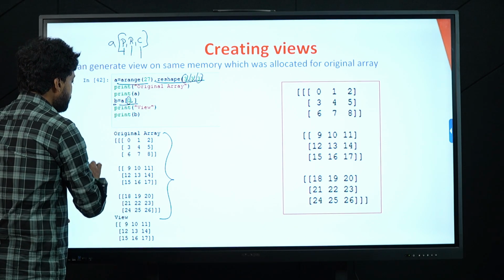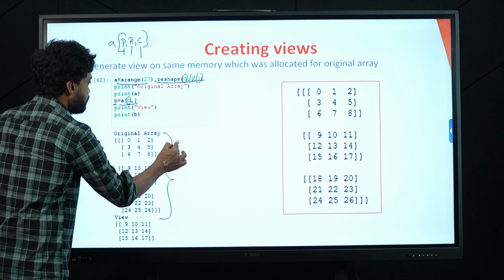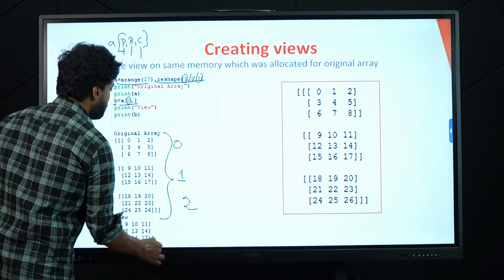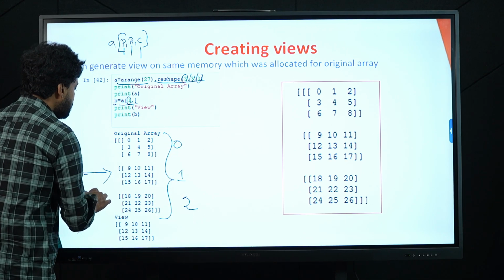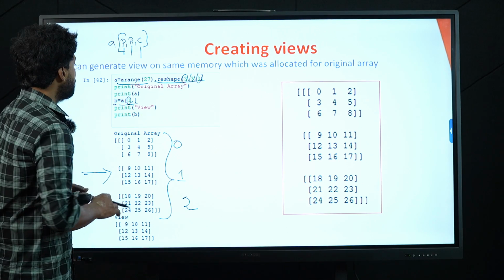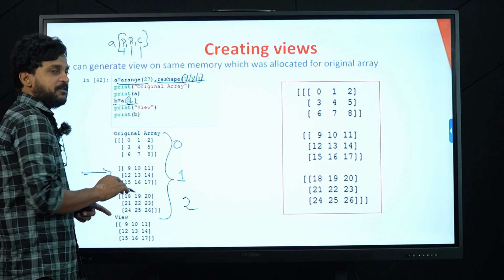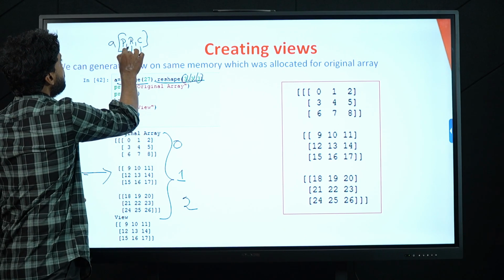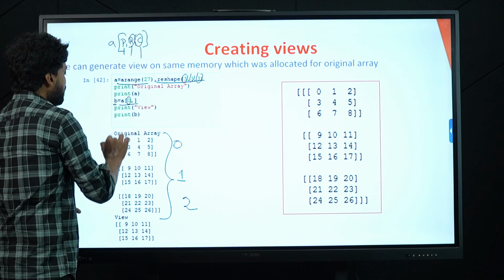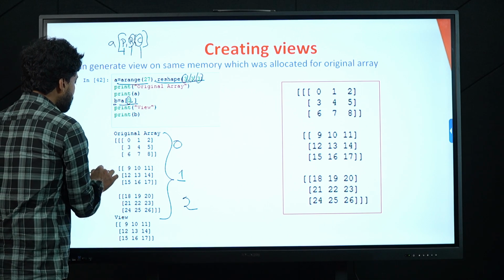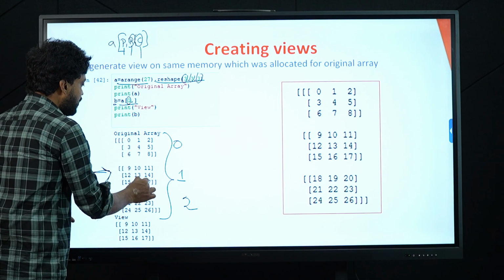B will just be the first page. This is the 0th page, first page, second page, right? B is the view of the first page, because right after the first page, the other parameters are empty. Other parameters should be rows and columns. Since rows and columns are empty, B is going to take all the rows and all the columns in the first page.